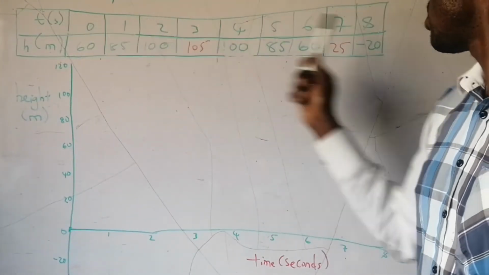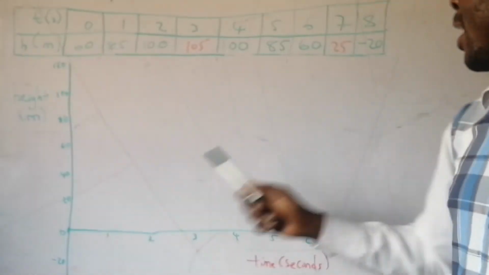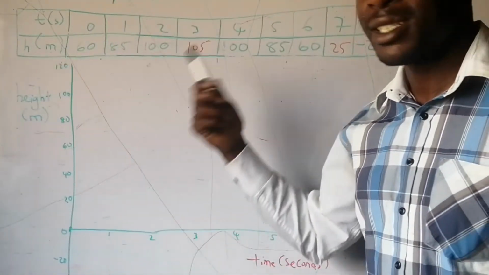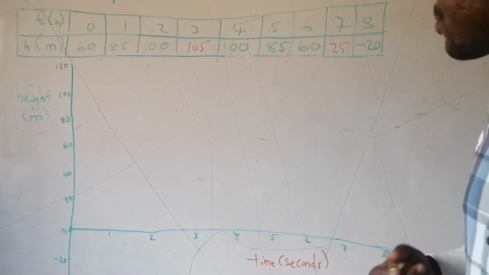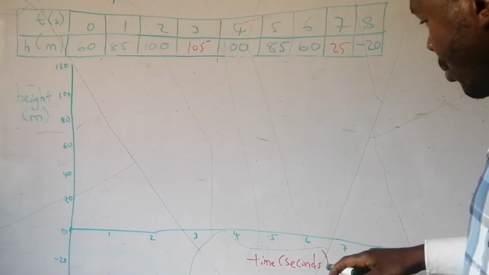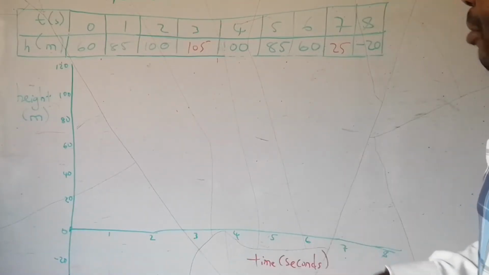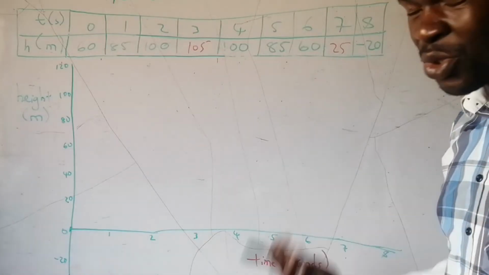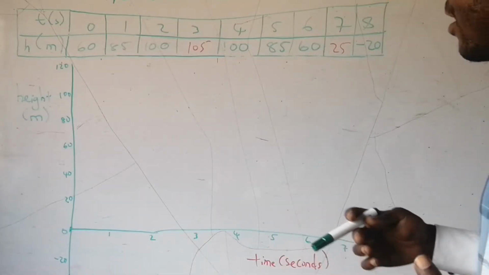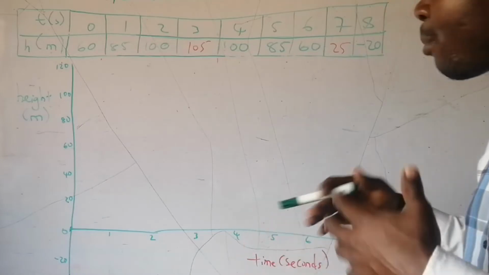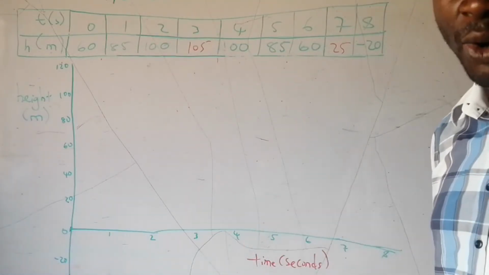When t is equal to 8, the height is minus 20. It is negative. Right. Now, in terms of plotting, just do as you have been taught in terms of plotting a quadratic function or any function.